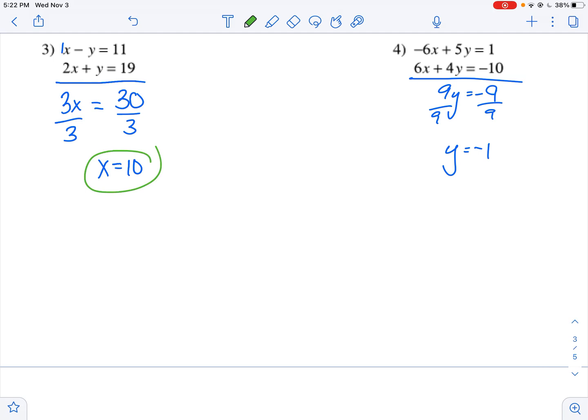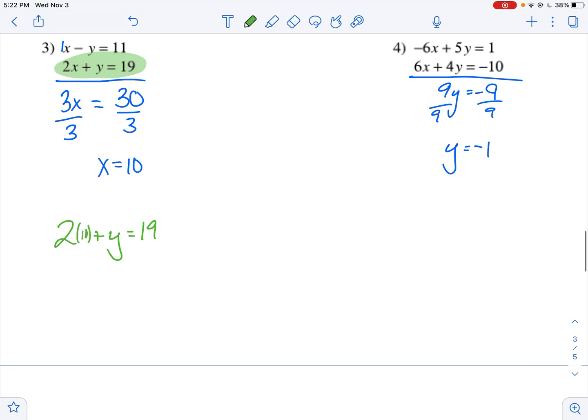X is 10 here, and I'm going to use the one that has no negatives in it, that equation. I'm going to use 2x plus 1y equals 19. But instead of the variable x, I know that x is 10. So 2 times 10 is 20, plus y equals 19.